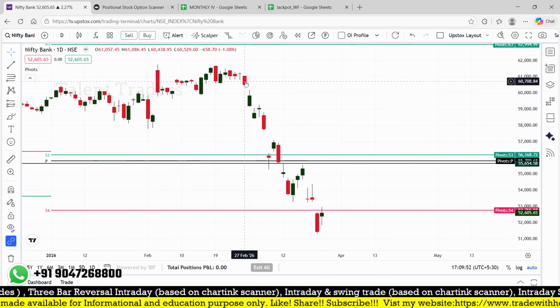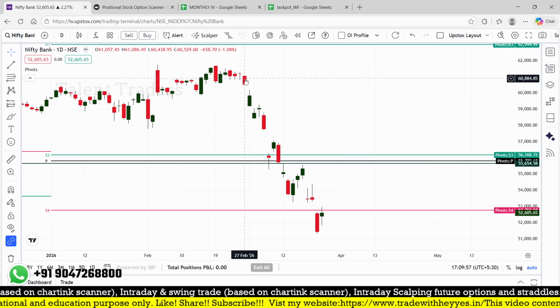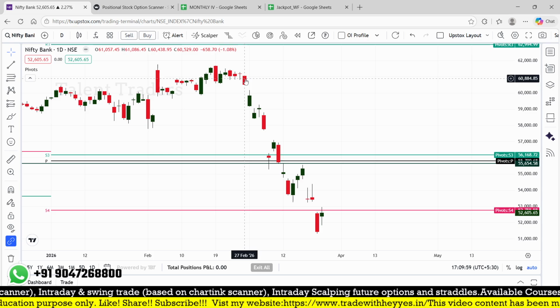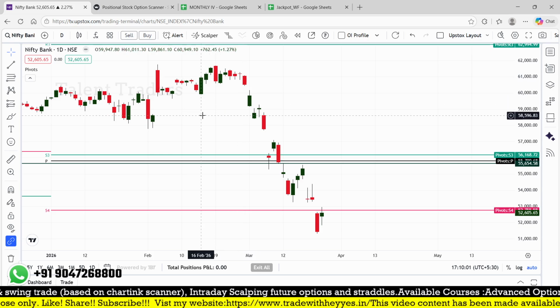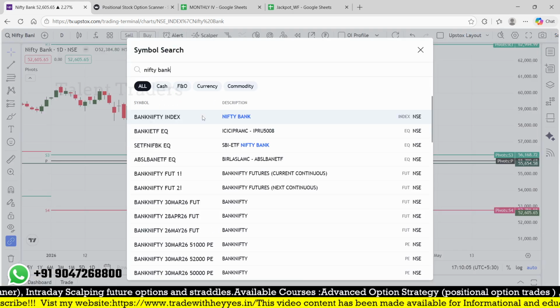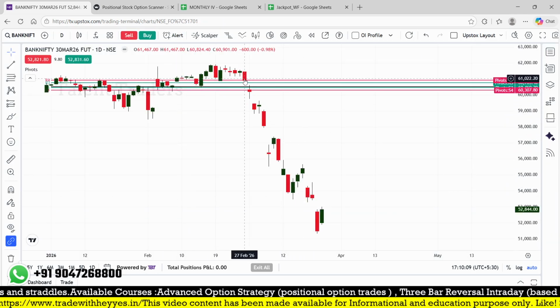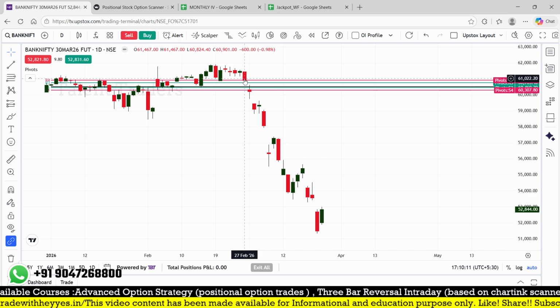On 27th February it is around 60,500. But we are considering the future price, so let me check the Nifty Bank future price. Exactly, the March future on 27th February.